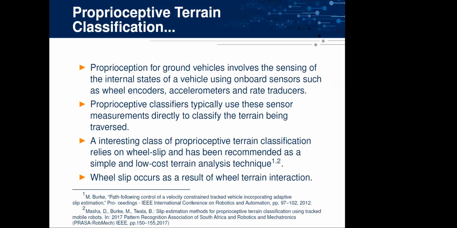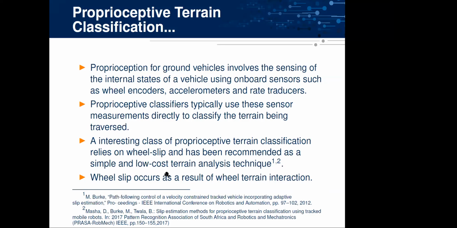Like I said earlier on, we will be focusing on wheel slip estimate. Previously, Michael Burke and a paper that I had presented previously showed that we can use wheel slip as a low-cost terrain analysis technique. So this work furthers that.